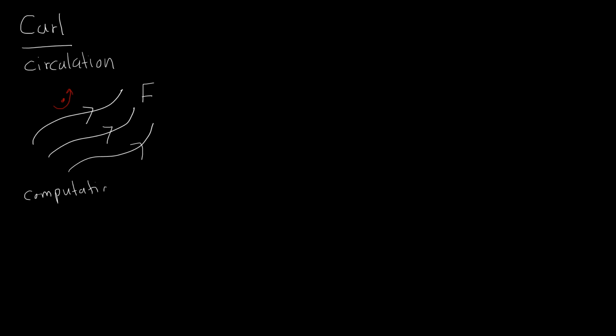Computation of curl. Curl can be computed by taking the cross product between the Nabla operator and our vector field. We know our Nabla looks like ∂/∂x i, ∂/∂y j, and ∂/∂z k in the Cartesian coordinate system.